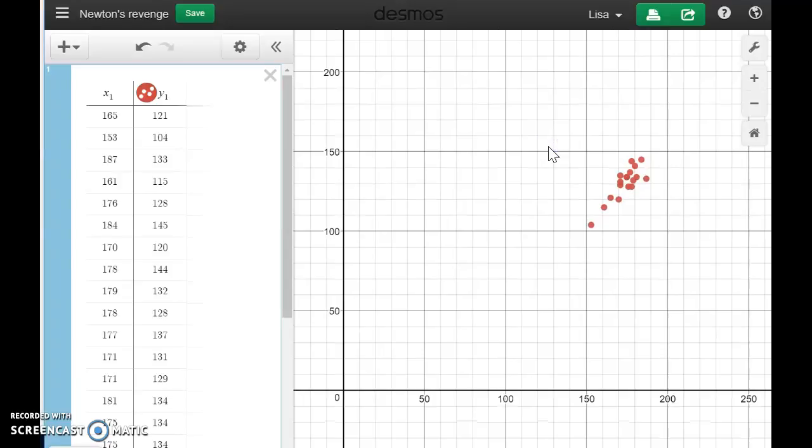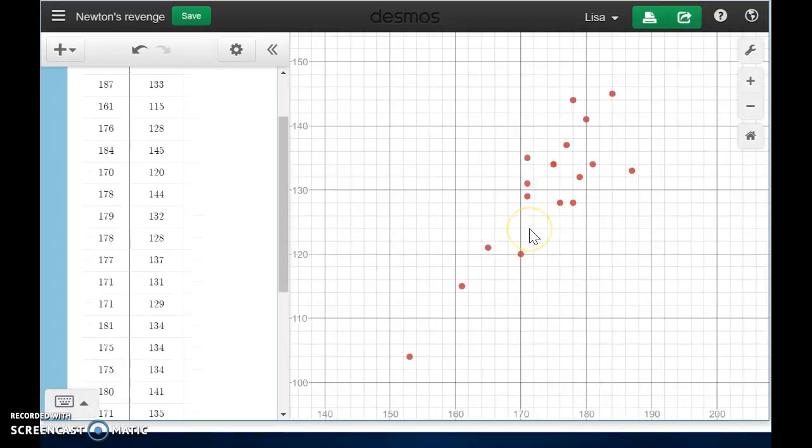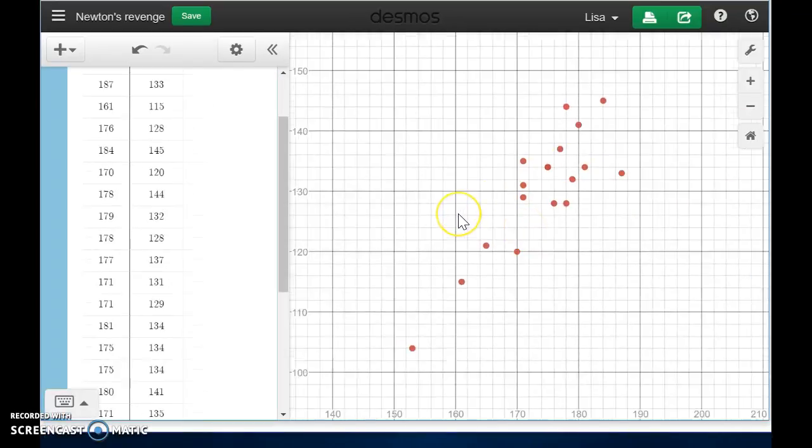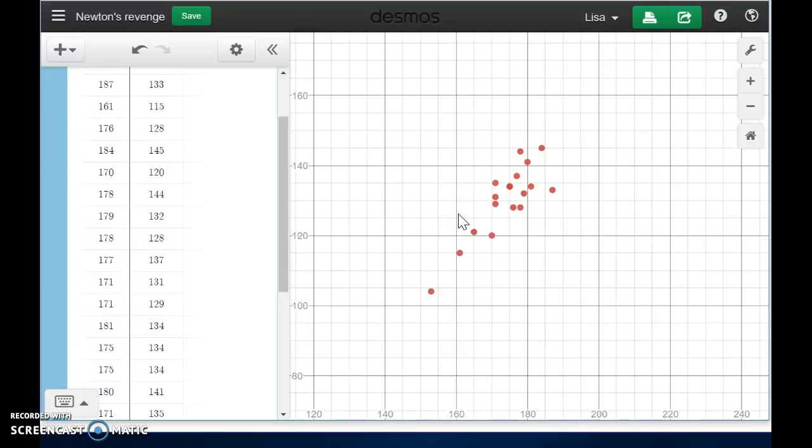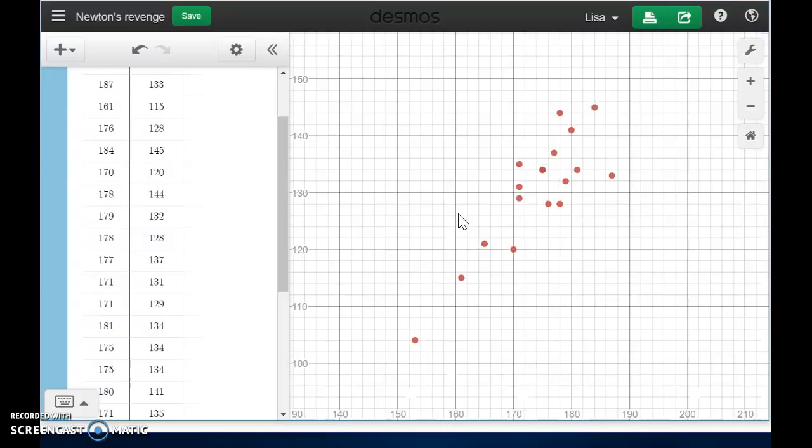And very similar to the original problem from last week, it's very clustered together and a little bit difficult to see what's really going on. But using Desmos, we have the opportunity to zoom in and out and rescale this information really easily. So there's a nice piece using the technology.